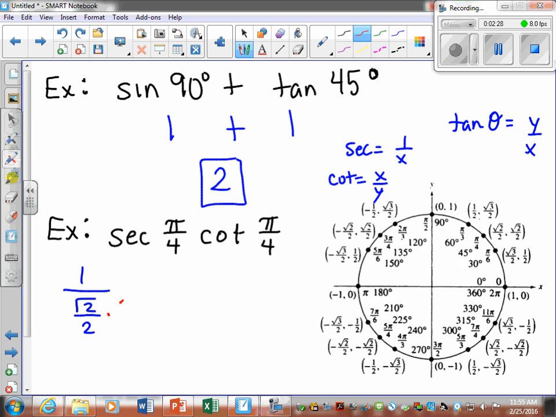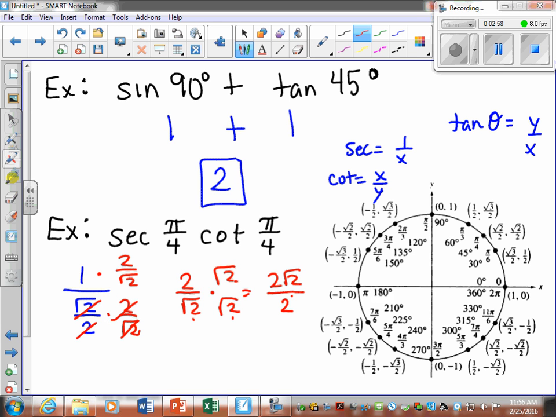If I rationalize, I'll multiply by the reciprocal first. 2 over the square root of 2. So then that would just be 2 over the square root of 2. But we want to go ahead and rationalize this. So times the square root of 2, this is an extra algebra step, would be 2 square root of 2 over the square root times the square root is just 2.